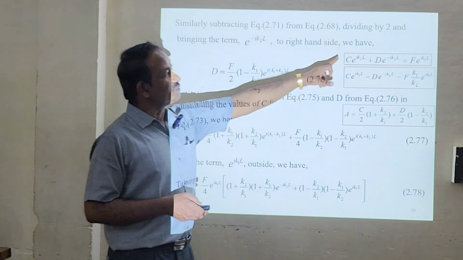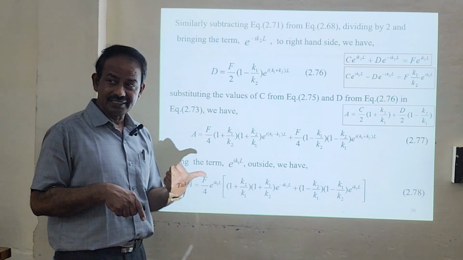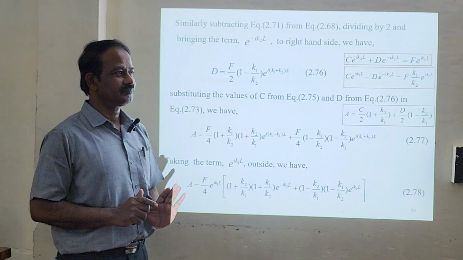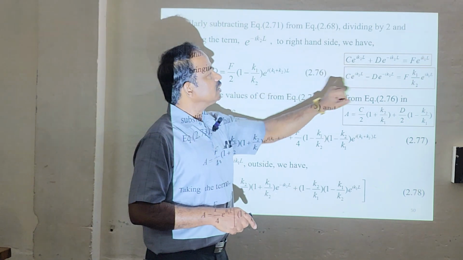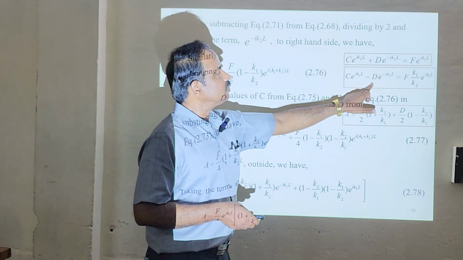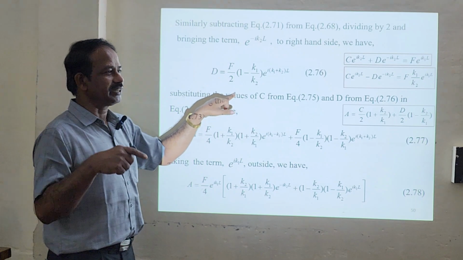Similarly, just subtract these two. Last time we added, we got the value for C. Now just subtract, you get the value for D. So subtract these two, and this one will get cancelled. You have 2D, correct? Divide by 2, that will give you f by 2.